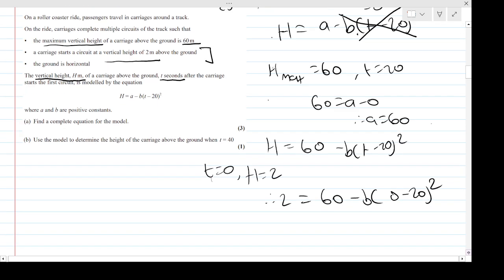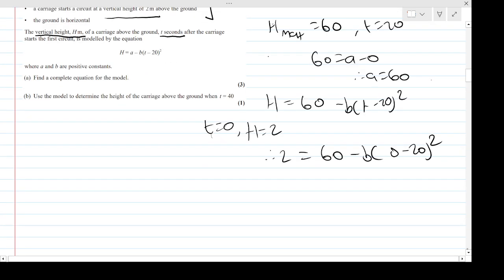We can work this out, because first we have to work with the brackets. So 2 is equal to 60 minus b lots of 0 minus 20, so that'd be 20 all squared. That'd be 400. There we are.